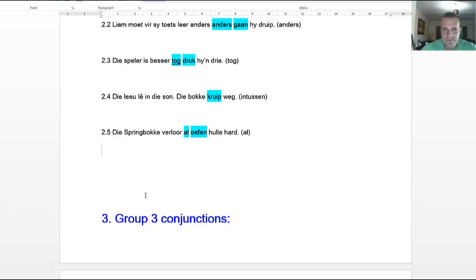Okay, happy. Then there's one more group, group 3 conjunctions. What is in group 3? Well, all the ones that are left. All the conjunctions. Remember, there are hundreds of conjunctions. Well, probably over 100 conjunctions. We try to put them into groups. Why? Because of how they affect the second part of your sentence. So group 1 stays the same.